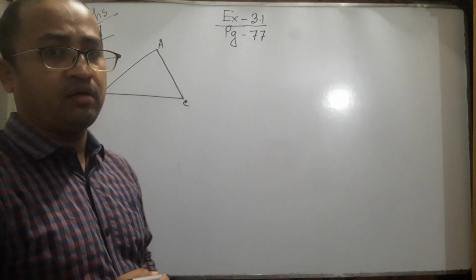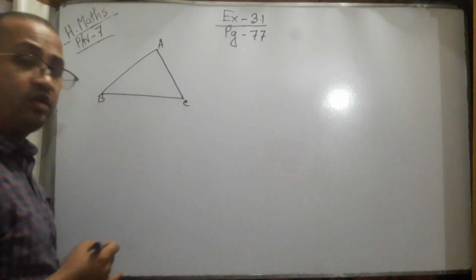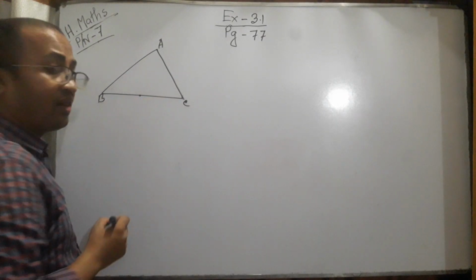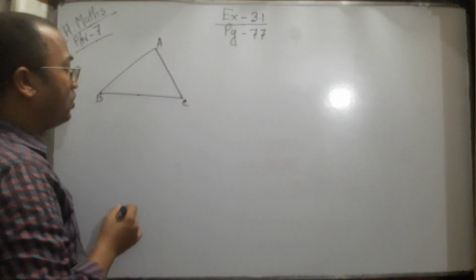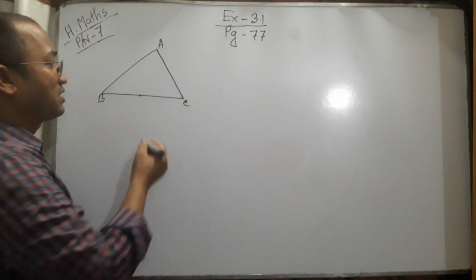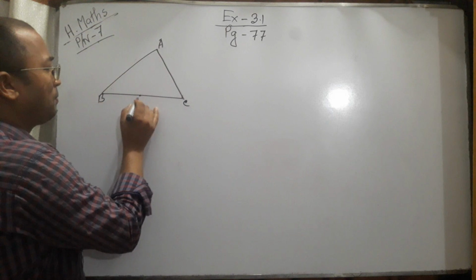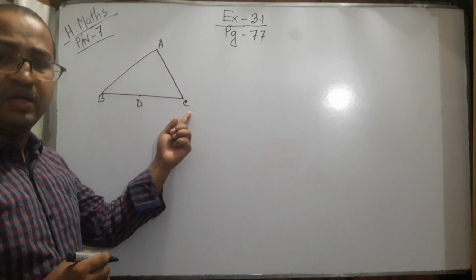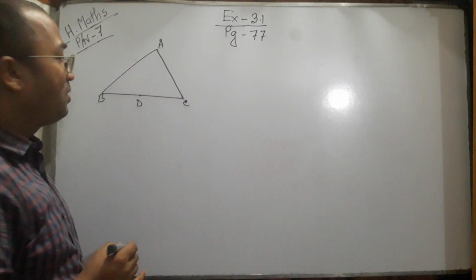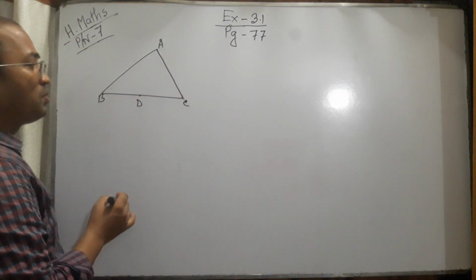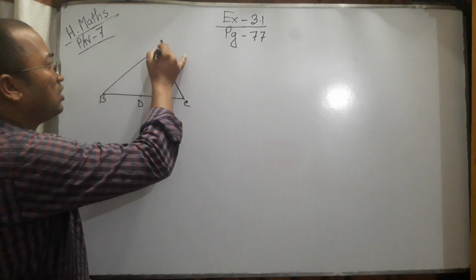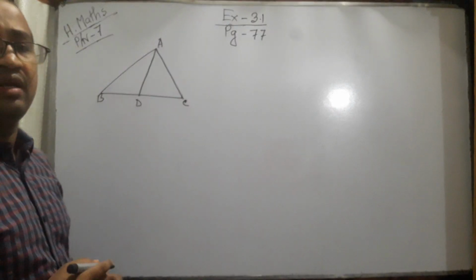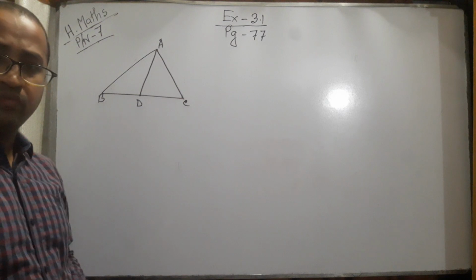Median is the joining line from the midpoint of a side to the opposite vertex. So if D is the midpoint of the line BC, what will be the median? AD will be the median from the vertex A to BC.